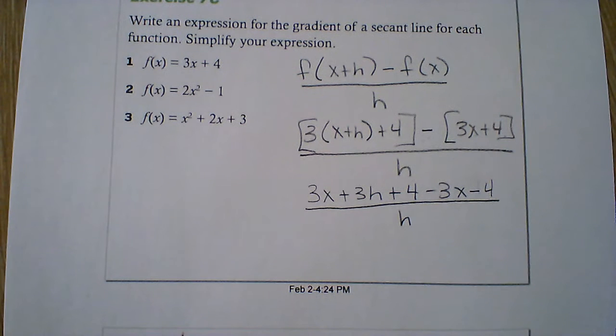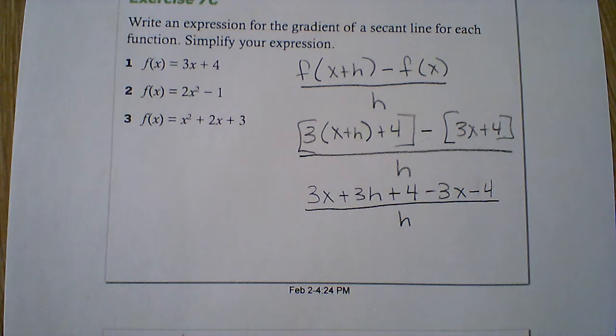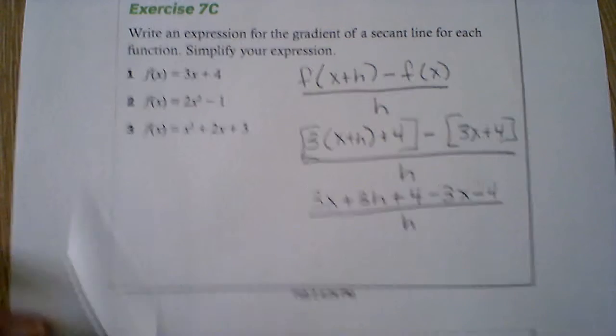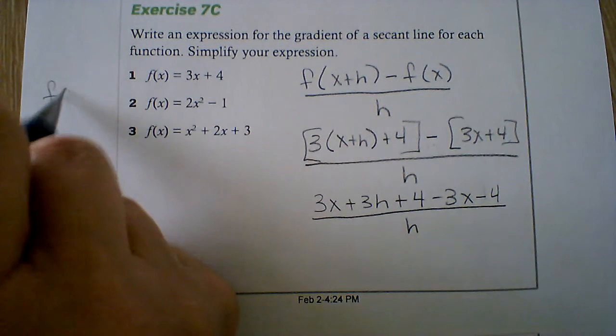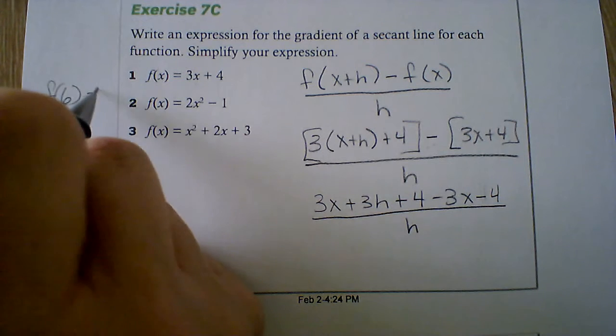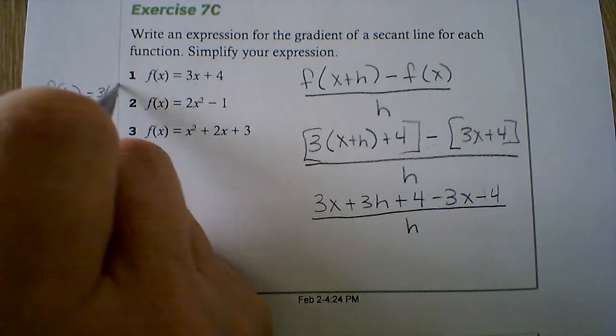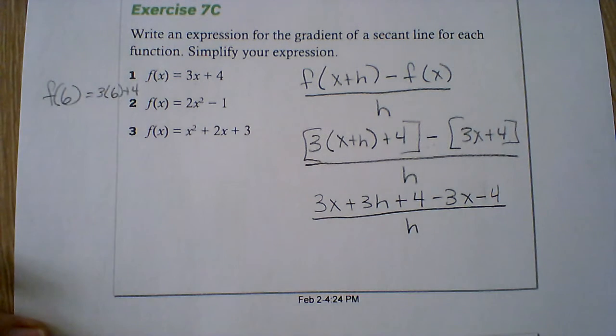Okay, Myra, you have a question? Okay, so f of x equals this. If I had f of 6, I would write 3, and I would replace x with 6, right?